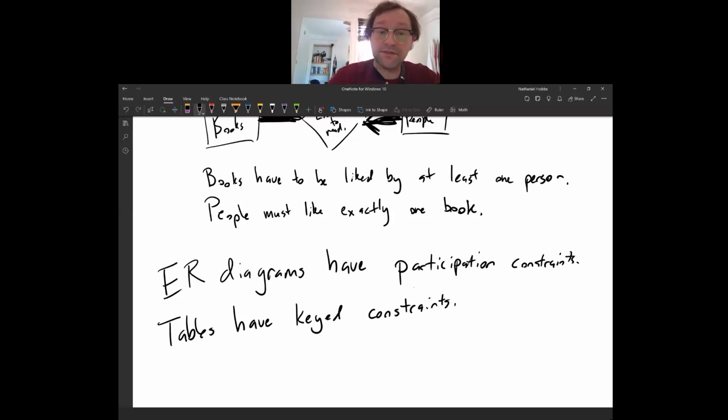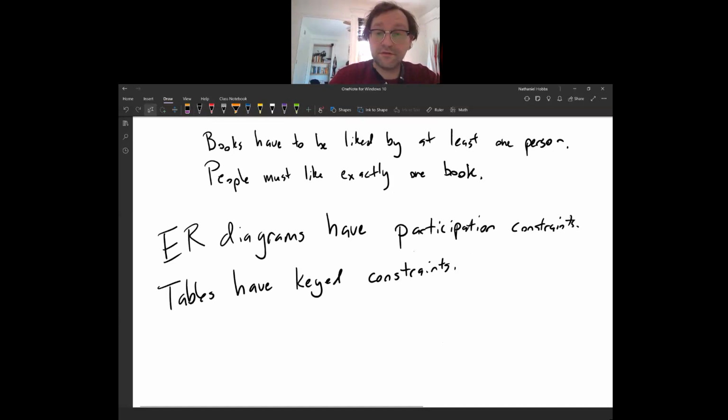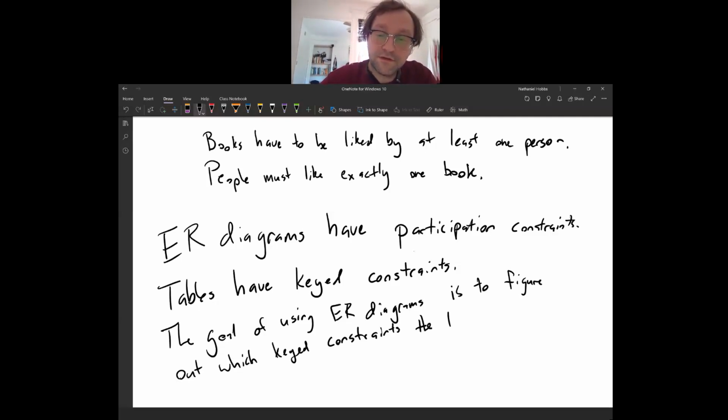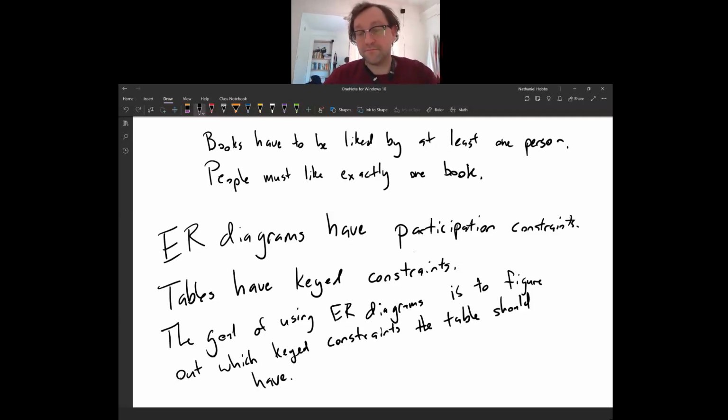The goal of using ER diagrams is to figure out which keyed constraints the table should have. Okay, so this is the point of ER diagrams.